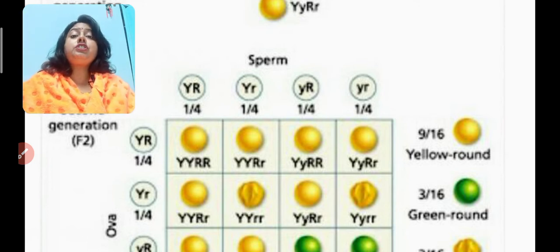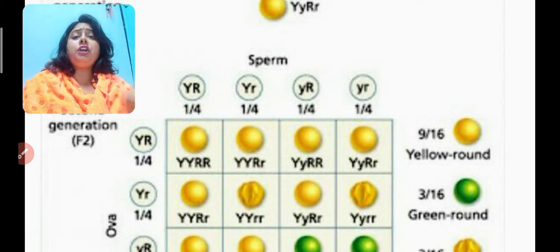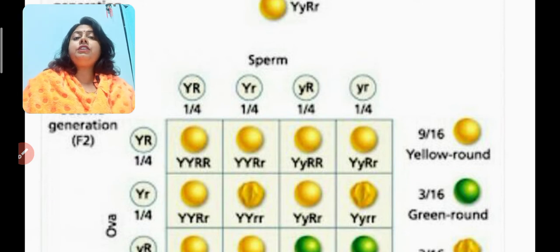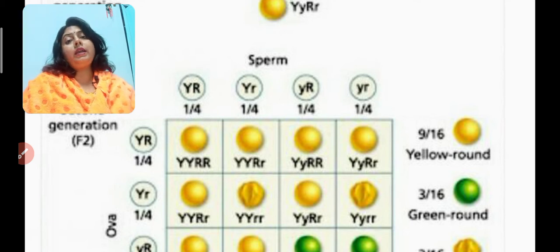But if we show the fertilization in the way we did for monohybrid cross, it will be a huge representation and a lot confusing too. To solve this problem, Mr. Punnett devised a method to represent the 2 types of gametes from male and female along the x-axis and y-axis respectively.